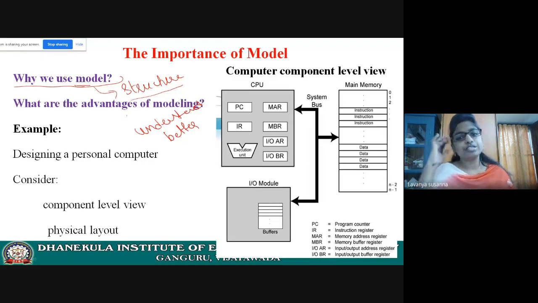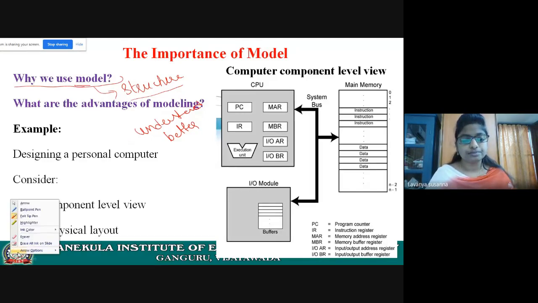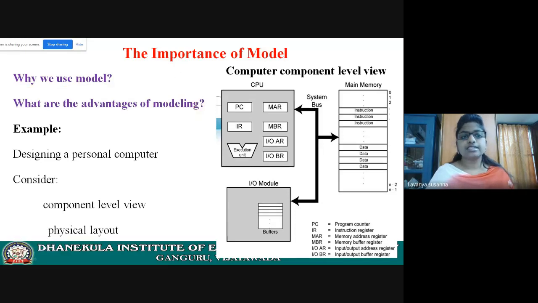You can visualize how the system will be and what is the behavior of the system. That is the use of model. What are the advantages of model? Just now I have explained. That is why we use models.